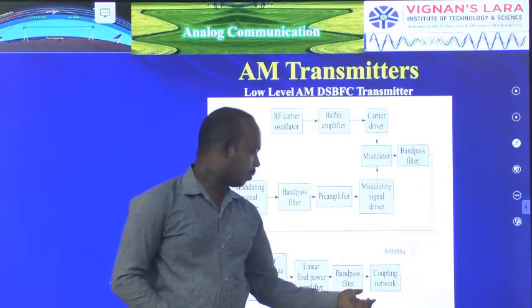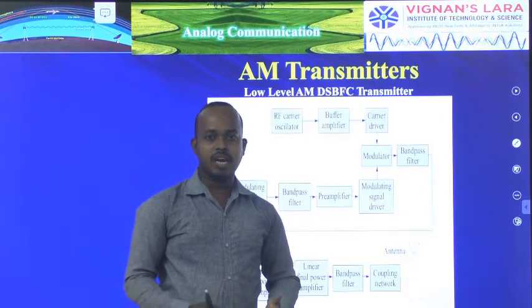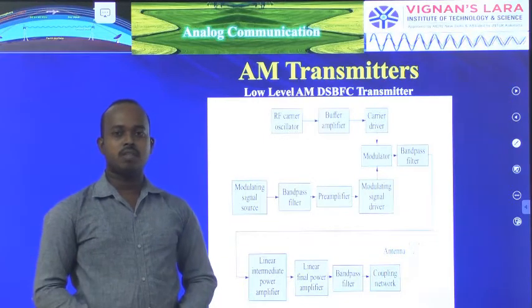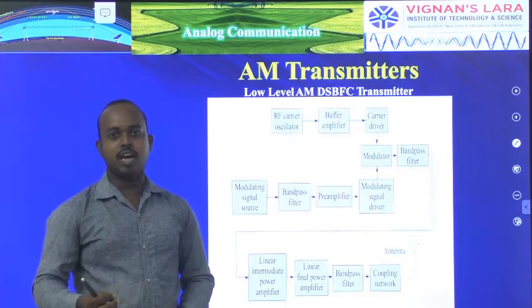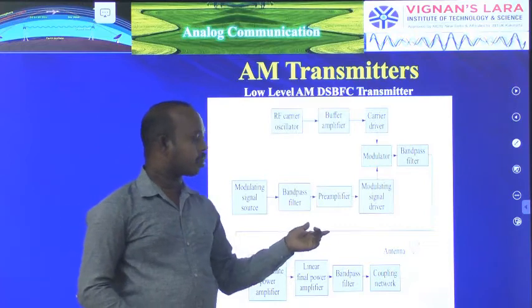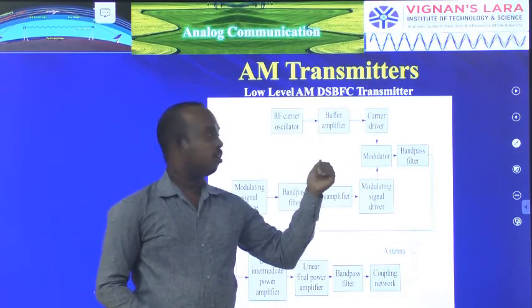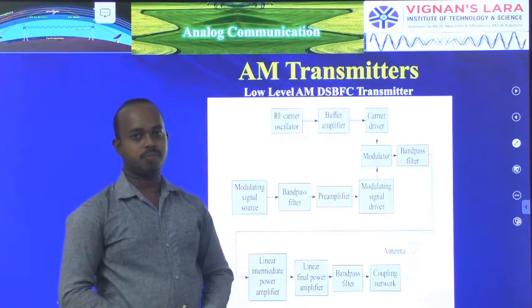The output of the coupling network is connected to the antenna. We define the antenna as a metallic device that can radiate and receive signals from the atmosphere. This is the complete working structure of a low level AM DSB FC transmitter.